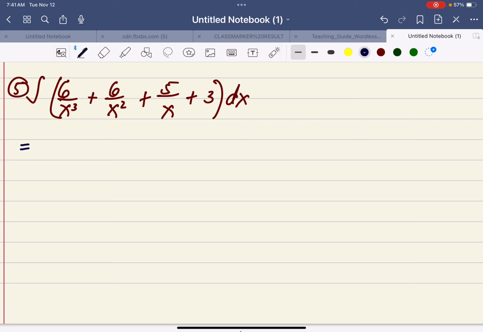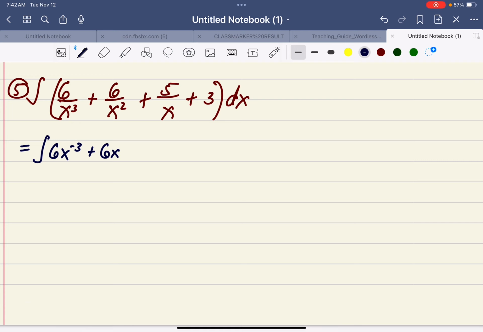So this is equivalent to antiderivatives of 6 times 1 over x cubed, or we can write the x cubed as negative exponent, and this will become 6x raised to negative 3 plus 6x raised to negative 2 plus 5 over x plus 3.